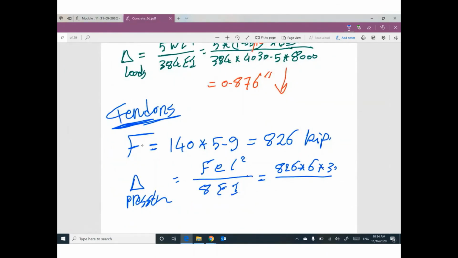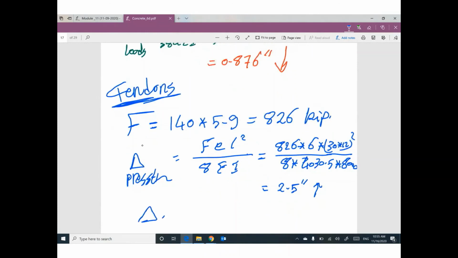L is 30 times 12, squared, 8 E 40, 30.5, I 8000. Everything is good. Go ahead and get a number. This one will be 2.5 inch upward.